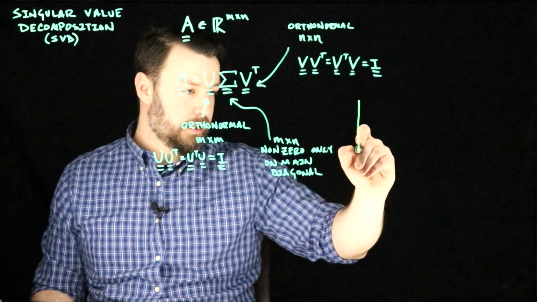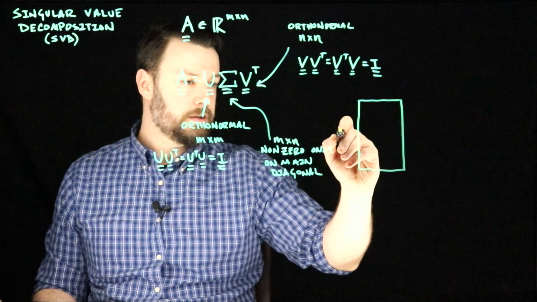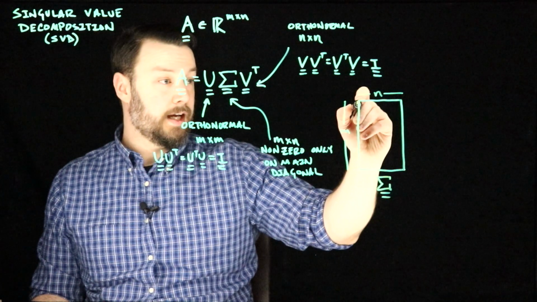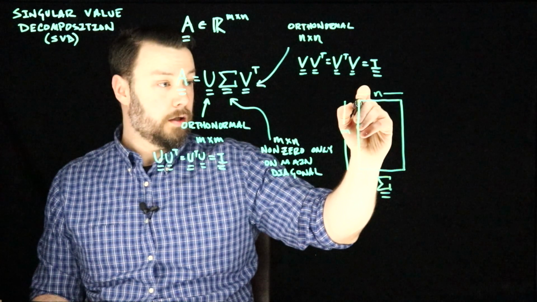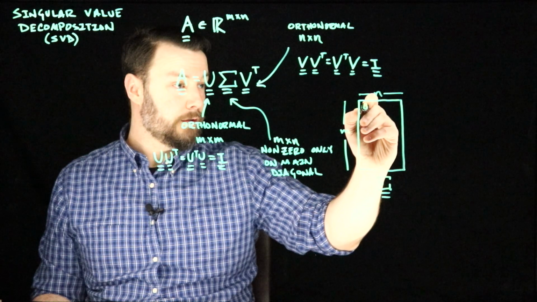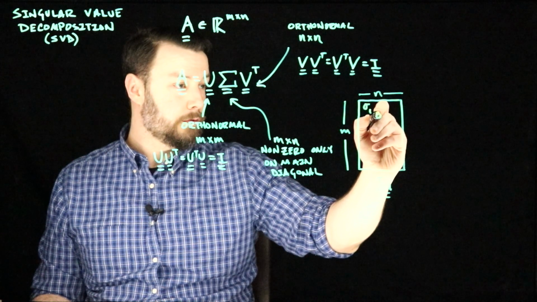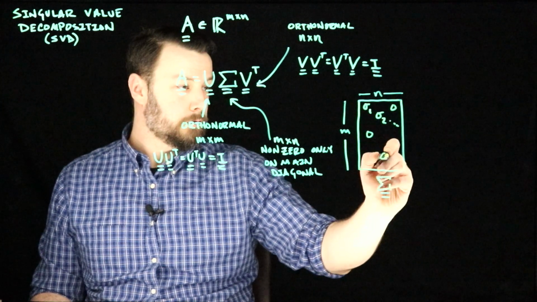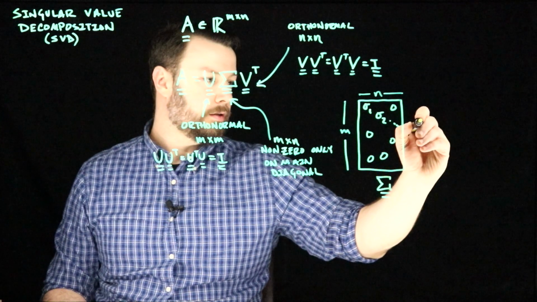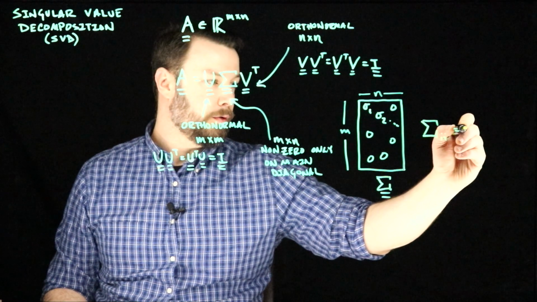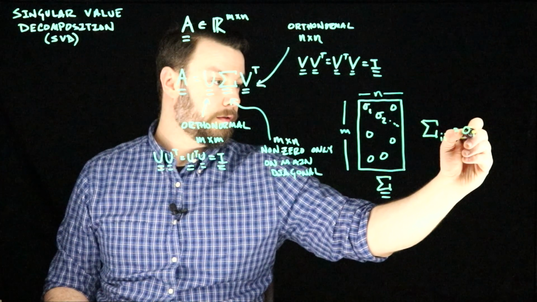It is M by N, and it only has non-zero entries along this diagonal here. In general, we refer to those as the singular values. Everywhere else, it's zero. So here I'm using sigma ii equals lowercase sigma i.